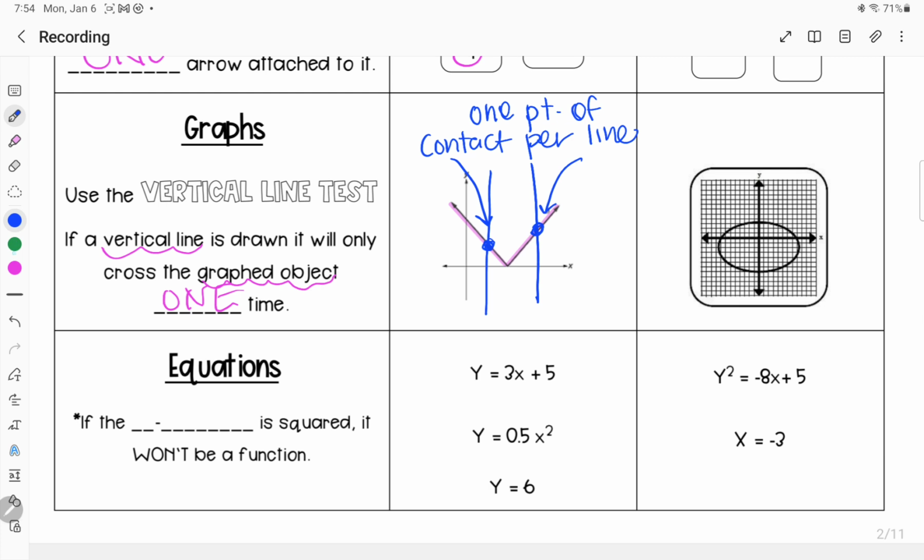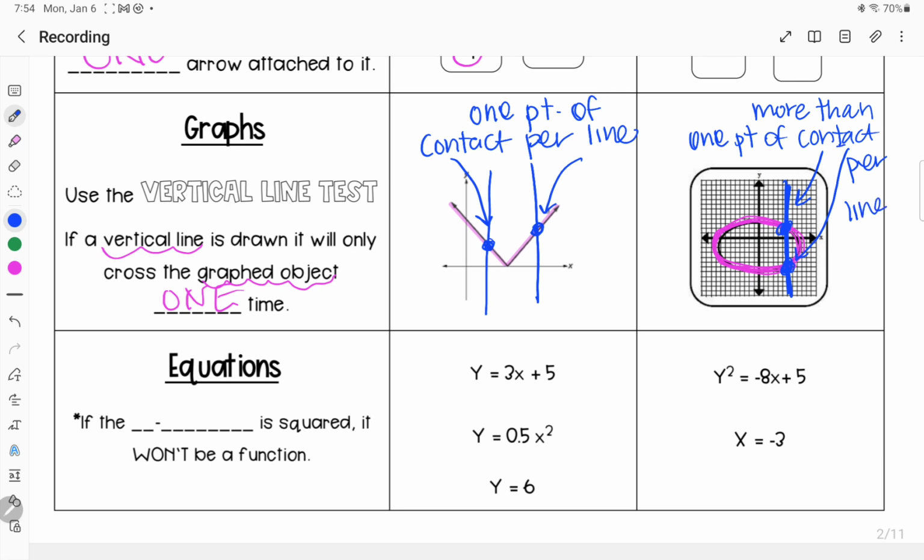Now on this one, I didn't draw it very good. Here's my graphed object, and now I'm going to draw my vertical line. When I draw this vertical line, I have a point of contact here and a point of contact here. So, more than 1 point of contact per line.